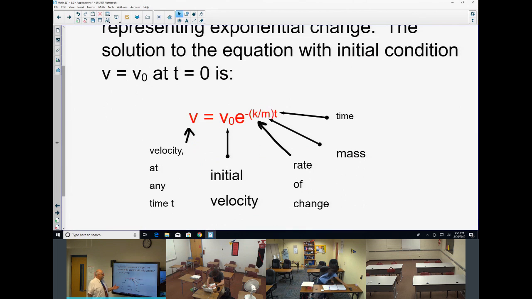So v, the velocity at any time t, is equal to the initial velocity v sub 0 times e raised to the negative k divided by m times t, where k is the rate of change, m is the mass, and t is time.